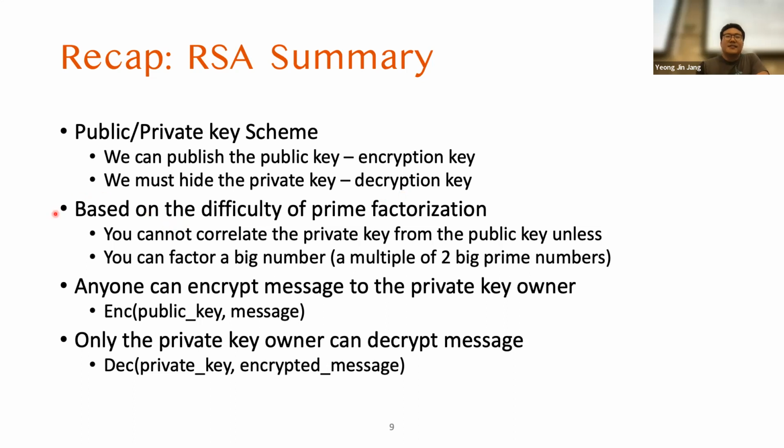And then RSA is based on the difficulty of prime factorization. There's some number magic: we choose 2 big primes, and without knowing the exact numbers P and Q, they cannot derive the decryption key, the private key, from the public key. But the problem is that prime factorization can be easily solved by quantum computers.